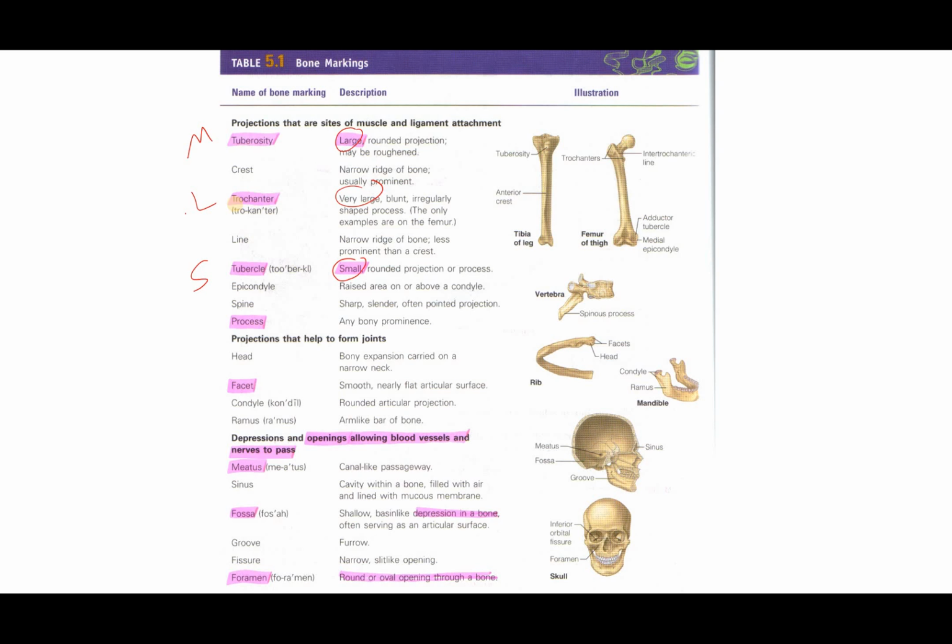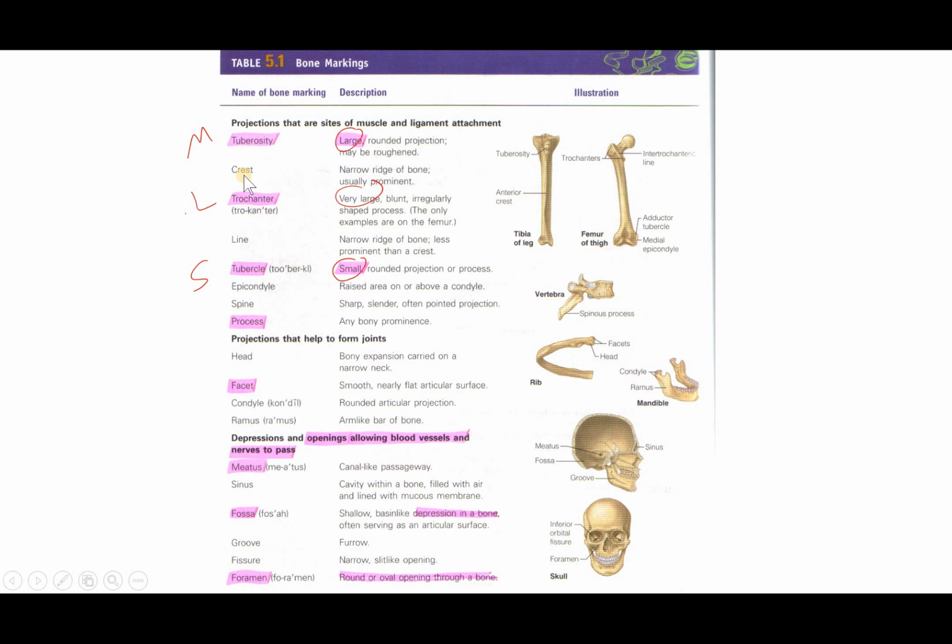Okay, so just going in order here, a tuberosity is a large rounded projection, and they're showing you the tuberosity here. So this would be the tibial tuberosity, where the patellar tendon will attach. The quadricep muscle comes down, tapers into the tendon, the patellar tendon, and attaches to the tibial tuberosity there.